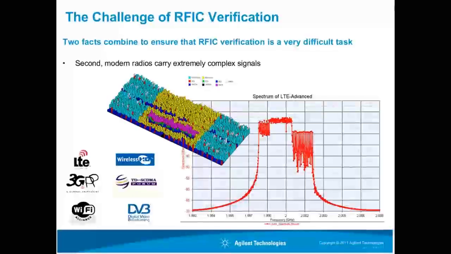They're typically being handled at the system level with yet another set of tools different from the ones used in the design community. So these two issues of complex design and complex signals make verification quite a difficult problem.